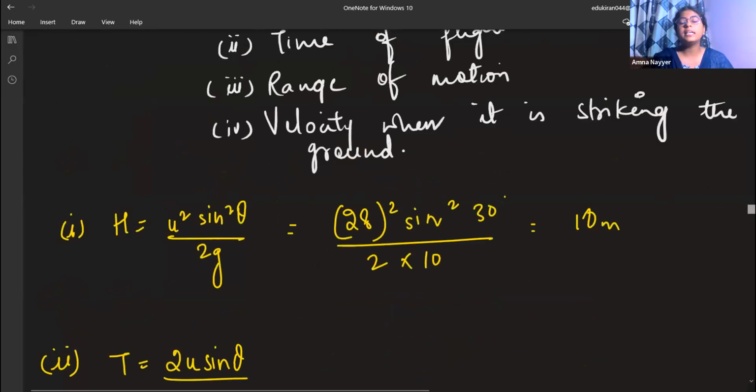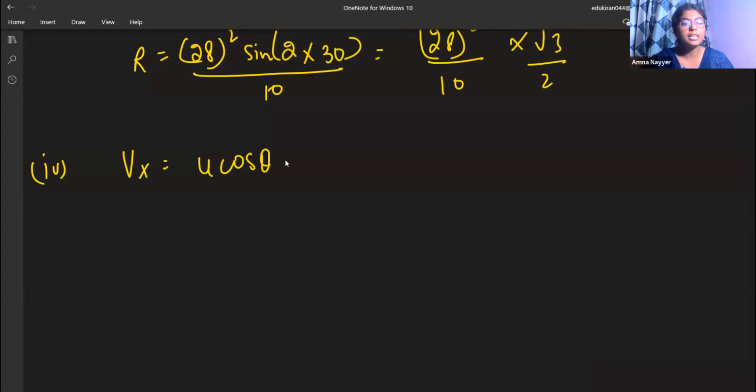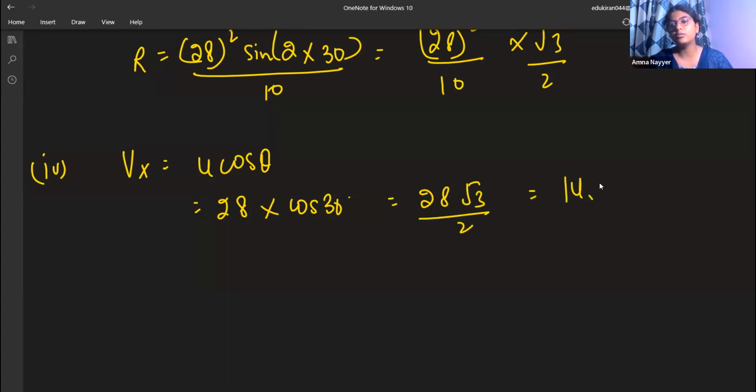Lastly, velocity when it is striking the ground. See, velocity I have told you. Firstly, velocity Vx you have to find out, which is u cos theta. So this becomes 28 into cos 30 degree, that is 28 into root 3 by 2, which is 14 root 3 meter per second.